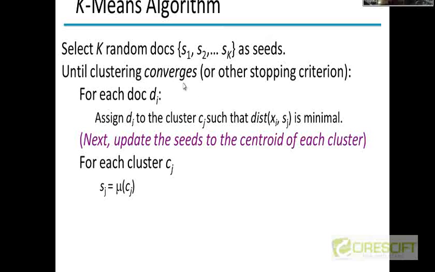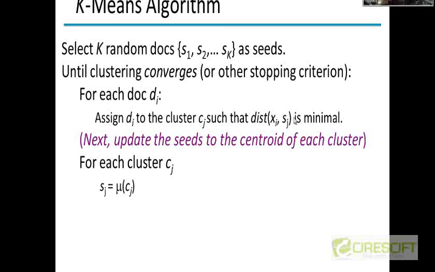Then what we do is we compute the centroid of each of these k clusters, and once we compute the centroid, then we look at each document and compute the centroid to which it is closest, and depending on which of the k centroids each document is closest to, it can change its cluster identity.